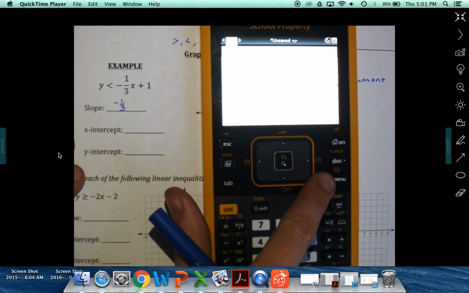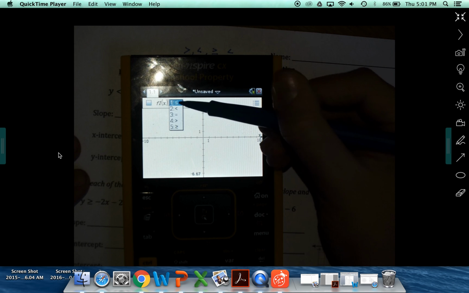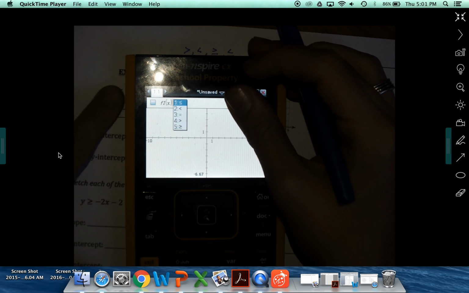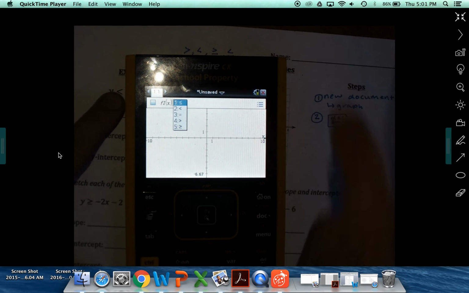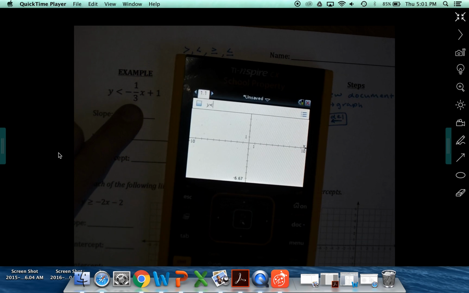When you press delete, all of your different symbols pop up. Now for this example, notice it's a less than, so I'm going to go down and find my less than symbol. And then I can type in the rest of my equation.